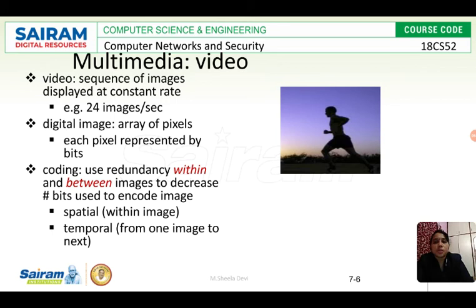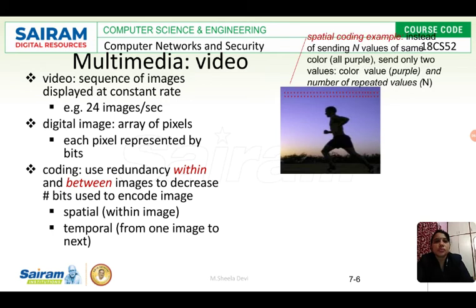We'll see what spatial encoding is. Instead of sending n values of the same color, here they select an image, and the violet color you see in this diagram occupies almost 75% of the image. So there is no need to represent the same data in all the pixels.